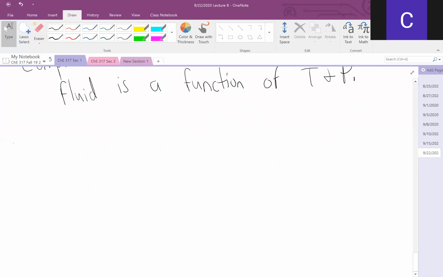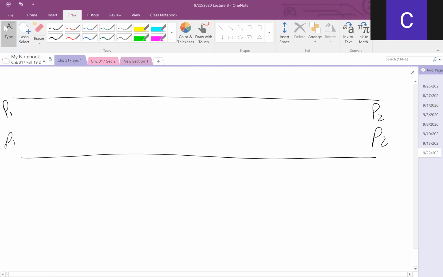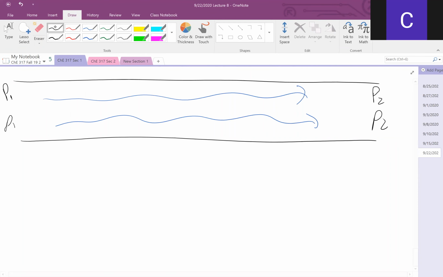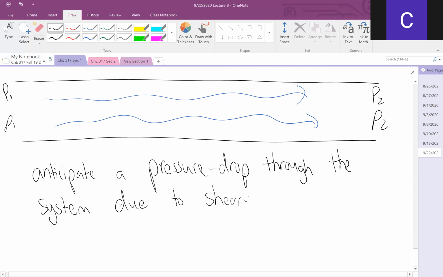So when I'm looking at flow through a pipe, P1, rho 1, P2, rho 2, and in this case I have a compressible fluid, I can say that as flow moves through the system, I can anticipate a pressure drop through the system due to shear stress, which results in frictional dissipation.